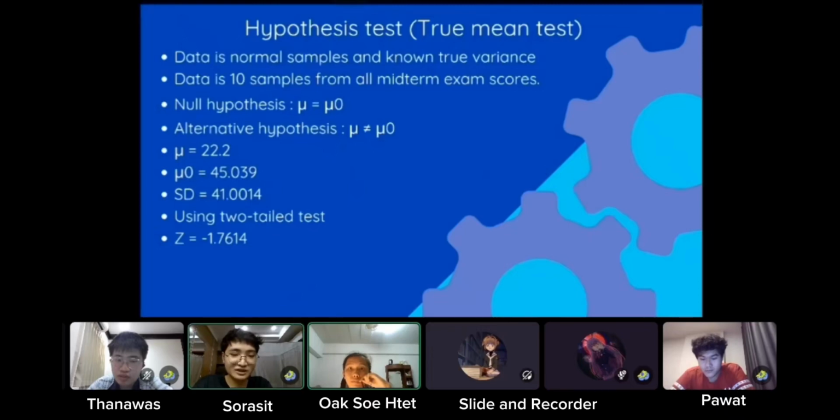Mu equal 22.2. Mu 0 equal 45.039. SD equal 41.0014. Using a two-tailed test, Z equal negative 1.75614.